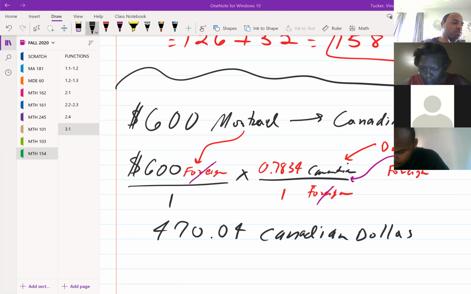Hold up. I'm trying to make sure my decimal's right because I typed it in. Did I use the wrong one? Dollars per foreign, 0.7834. 600 times 0.7834. It shouldn't be this. I must have put it in wrong.